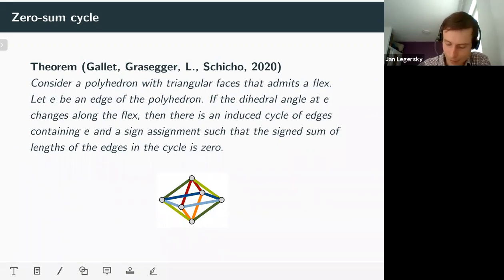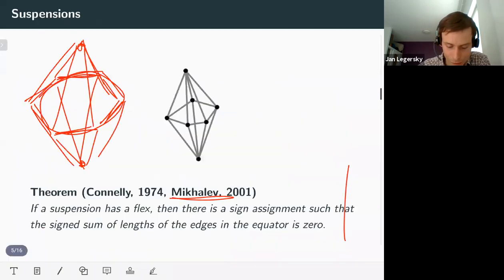Yeah. Let me maybe just return for a moment to these suspensions. The octahedron is a suspension, so the theorem holds also for the octahedron.